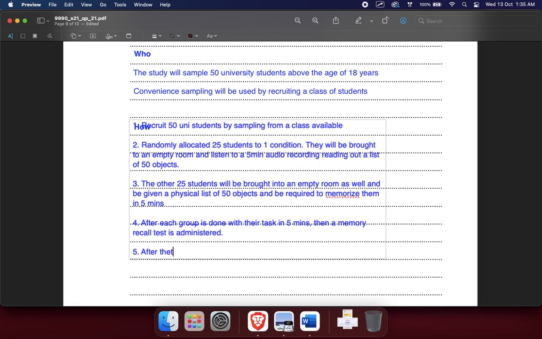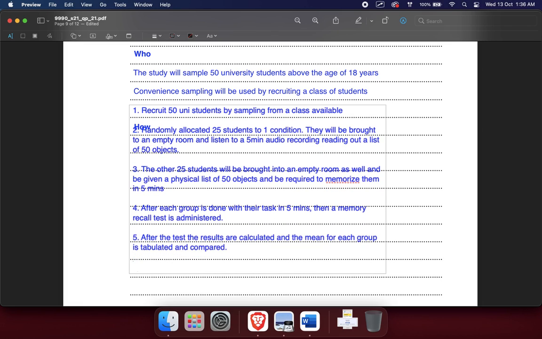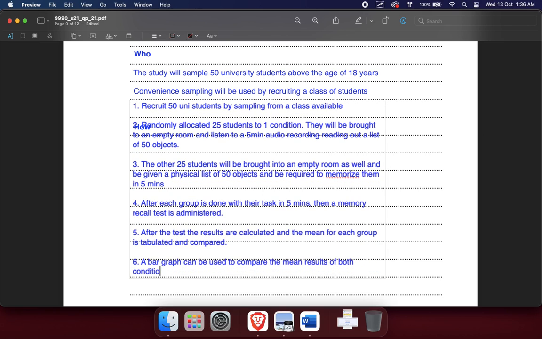After the test, the results are calculated and the mean for each group is tabulated and compared. A bar graph can be used to compare the results of both conditions. Audio recording versus paper.